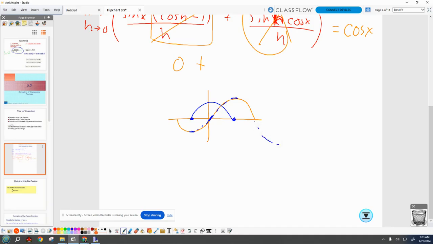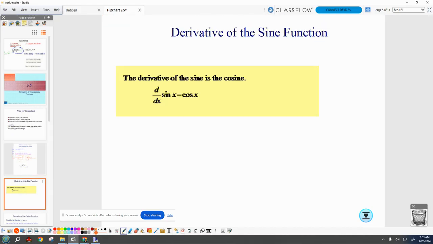And then this guy comes down, horizontal tangent with negative slopes. Does that look like a cosine curve? So visually there's some affirmation. Doing the expansion, yes, it's true. So the derivative of sine, you can just memorize. The derivative of sine is cosine. You do not need to rederive it at all.